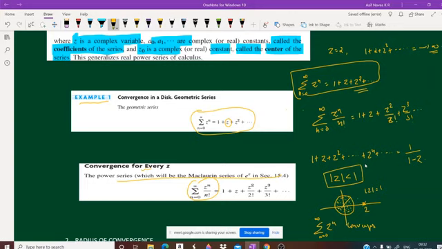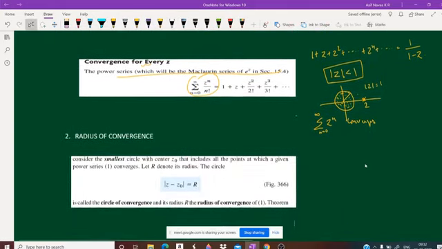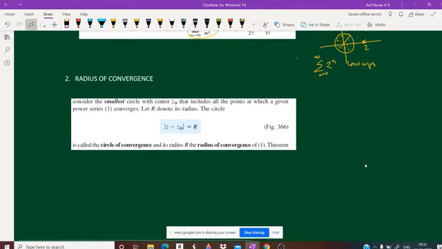Now our question is how to check this. That means if you are given a series, we have to check for what values of z that series is convergent. So for that we will discuss the radius of convergence.